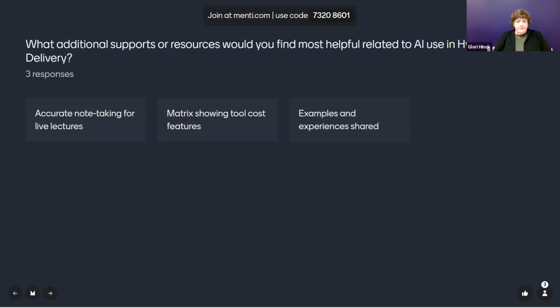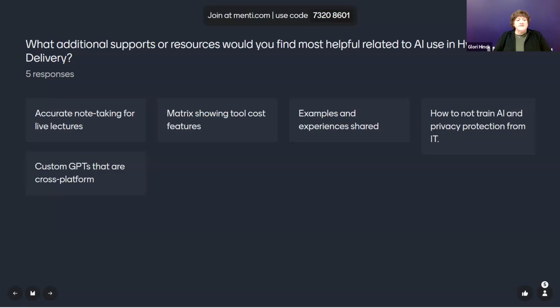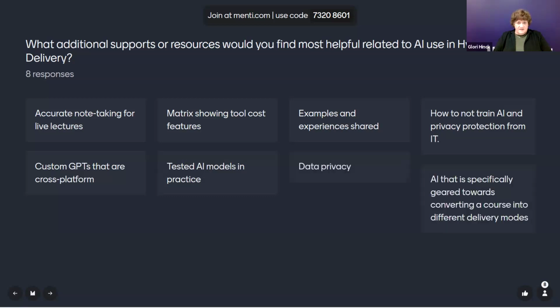Okay. Examples and experiences. I will be giving you a few of those today. Privacy protection. Cross-platform custom GPTs. Tested AI models in practice. Converting a course into different delivery modes.